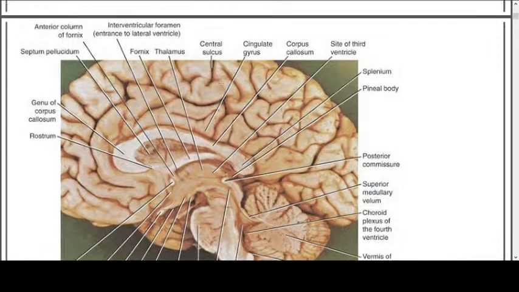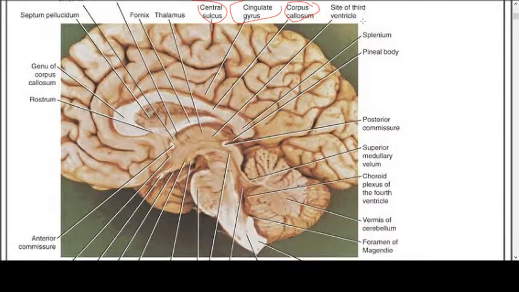So we can see the central sulcus right here. This one is obviously the cingulate gyrus, which is just present above the corpus callosum. Corpus callosum is a structure that combines both of the hemispheres. And so let's see, site of the third ventricle.